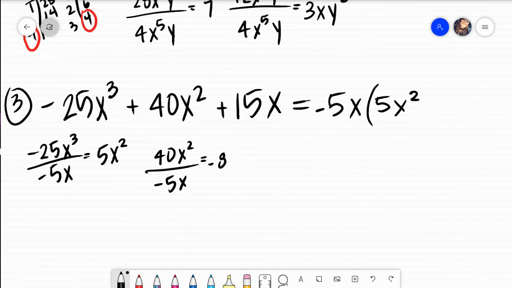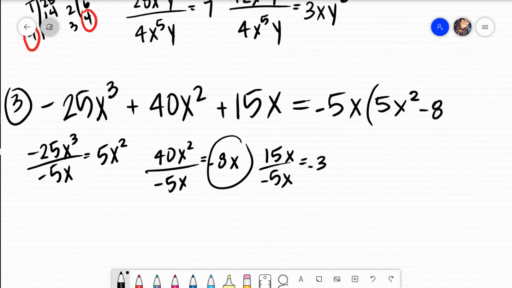Signs are different, so it's negative. X squared divided by x is x. Keep and subtract. And then we have 15x divided by negative 5x. 15 divided by 5 is 3. Signs are different, so it's negative. X divided by x goes to 1. Negative 3 times 1 is just negative 3. So the result is 5x squared, negative 8x, and then my negative 3.